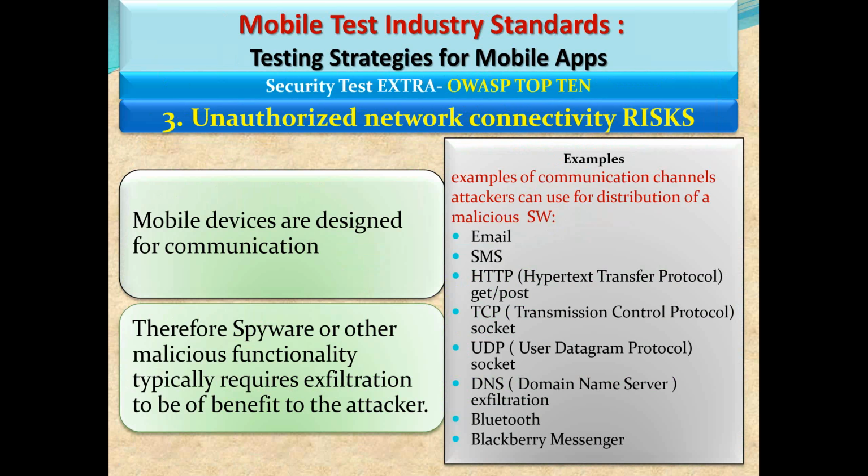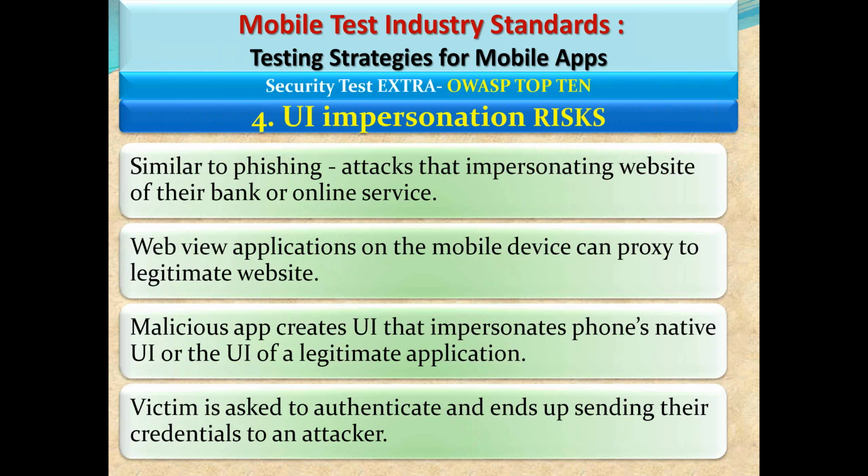And on your right side, again, you can see examples of communication channels that attackers can use for exfiltration and command and control, and the users are going to be having a problem.